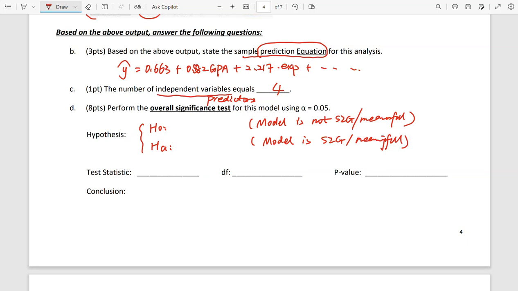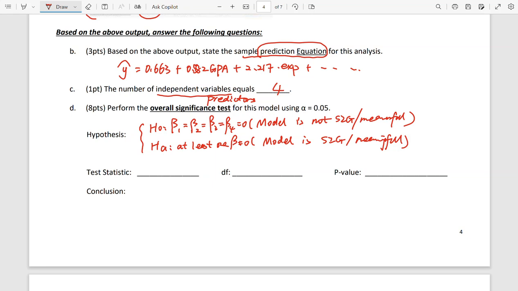Do we need to test all of these predictors one by one? No. We do have a test so that we test all of these predictors at the same time. So all of these betas equal 0. And for the alternative hypothesis, remember, we don't require all of them to be not equal to 0. We just need to make sure at least one of the betas is not equal to 0.